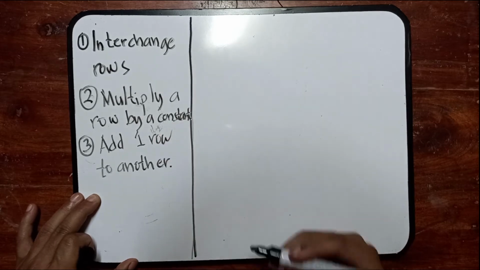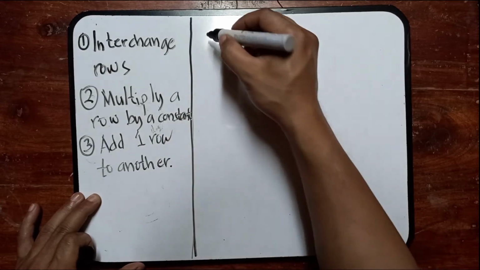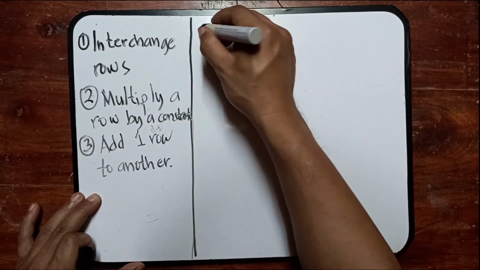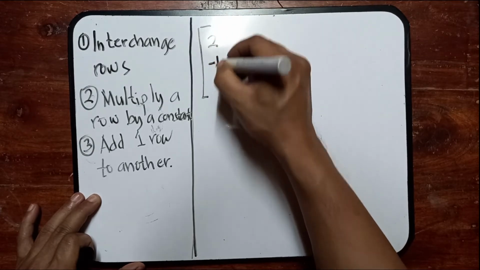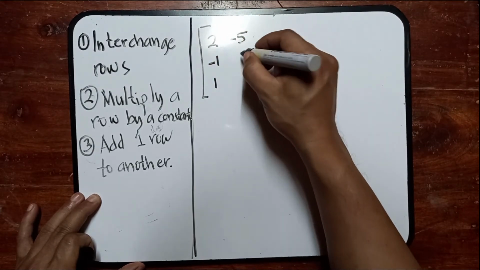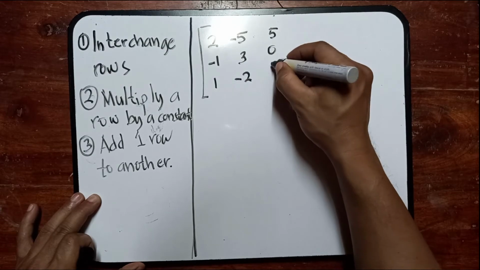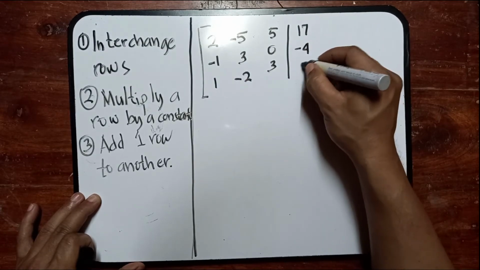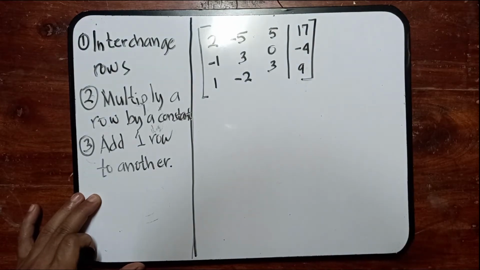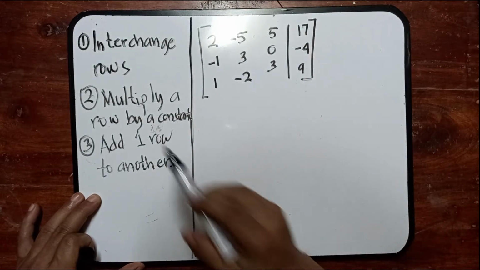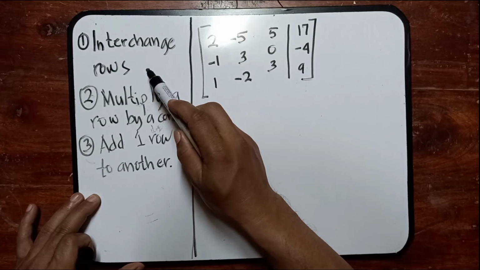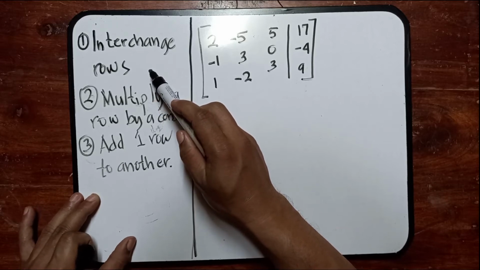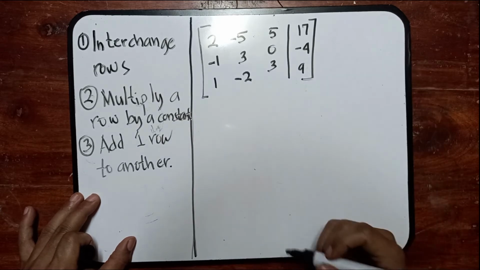Let's apply these rules in our matrix. So let's say we have this matrix. Let's try applying the first rule, interchange rows. When we say interchange rows, we can swap rows.